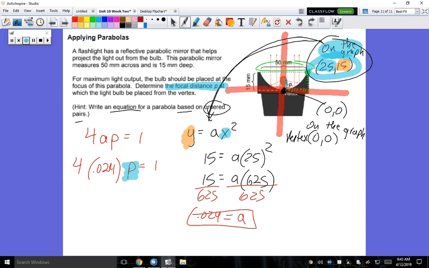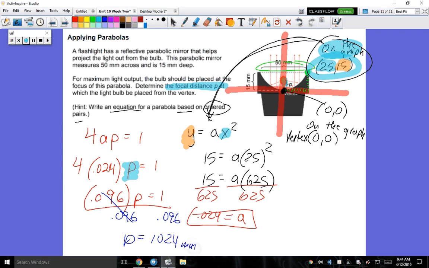So multiplying this out, 4 times 0.024 is 0.096, which is multiplied with p and equals 1, so that when we divide both sides by 0.096, p is going to be 10.24, and in this case, millimeters. So we are going to say 10.24 millimeters from the vertex. That's the distance that's going to be here. From the vertex to where the light bulb should go will be 10.24 millimeters.